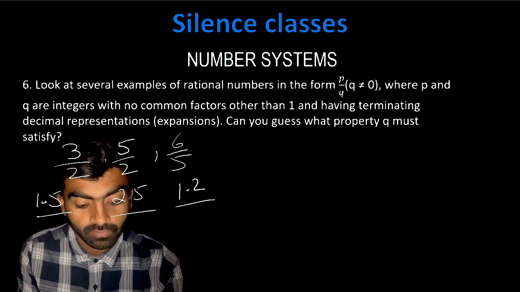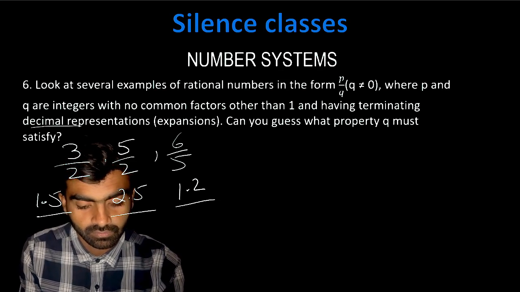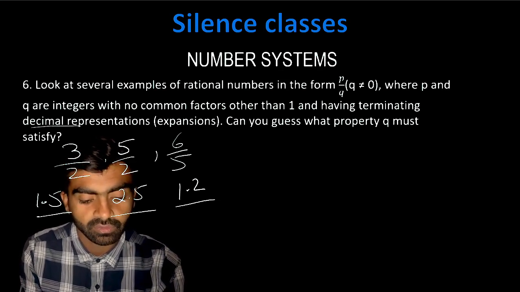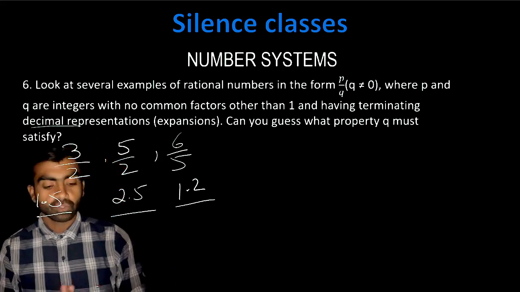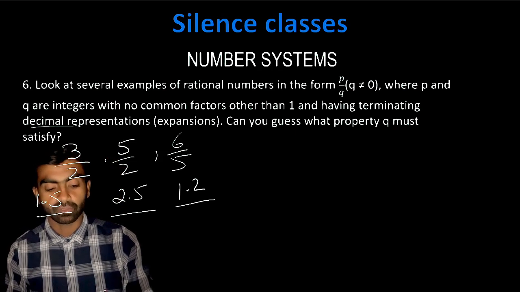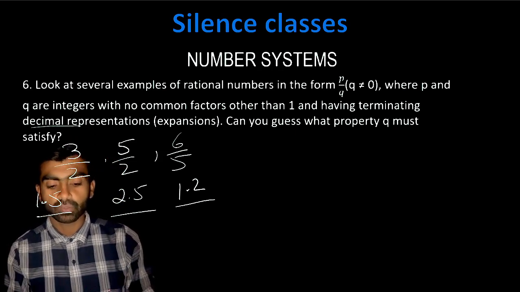So, terminating decimal representations. Can you guess what property q must satisfy? You can check that the numbers given to us in the place of q are 2 and 5.